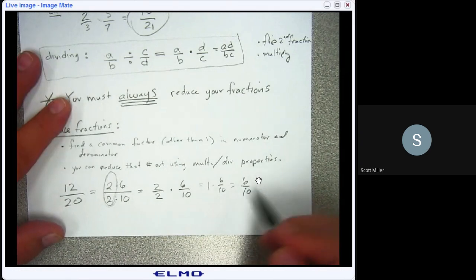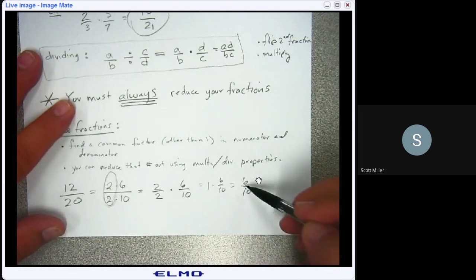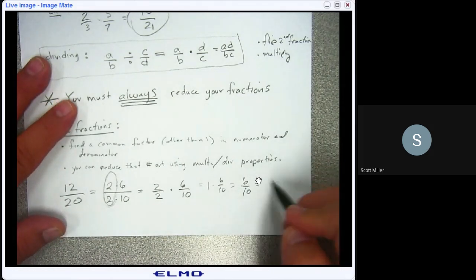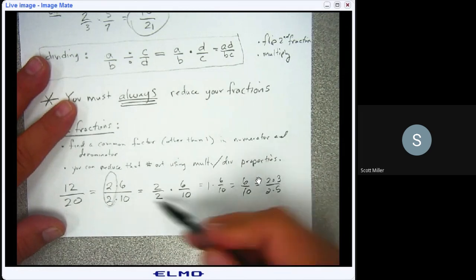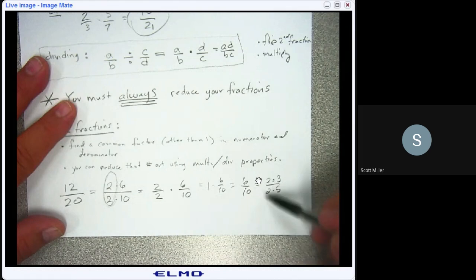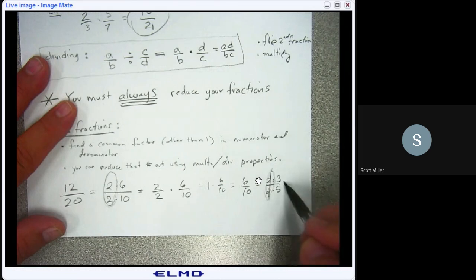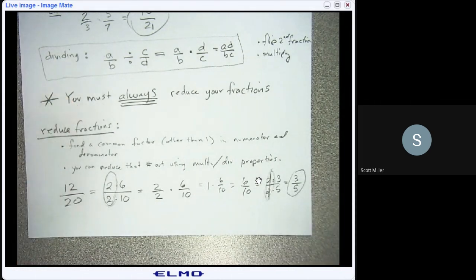If I can do it again, we'll do it again. I can see that there's a 2 in the top and the bottom again. So this is 2 times 3, 2 times 5. And I'm not going to split it apart, but you can see that's the 1 right there, isn't it? So if that becomes a 1, then what's left is 3 out of 5. That is the fraction reduced.